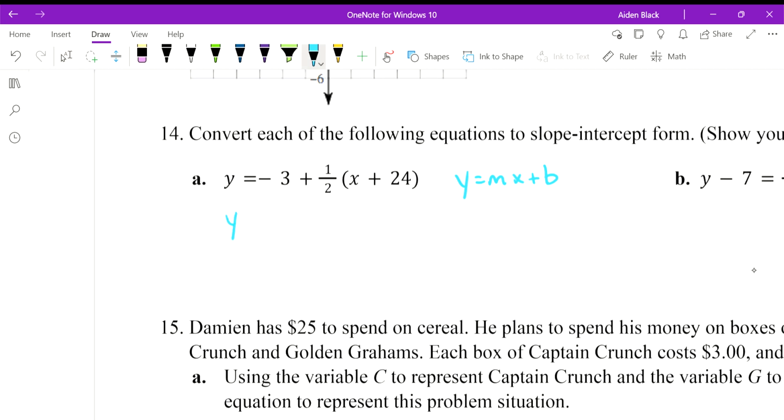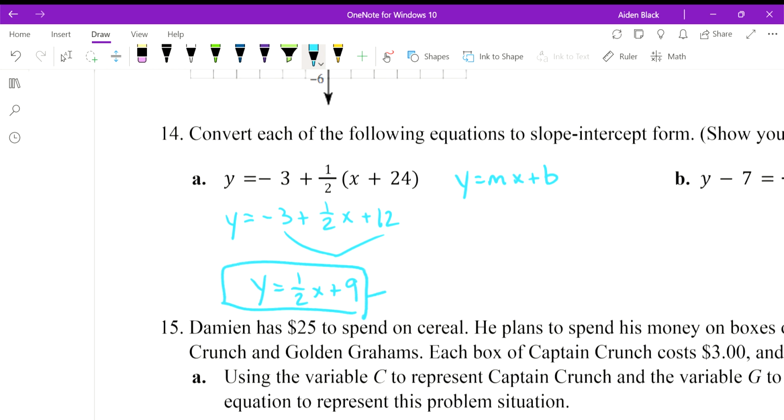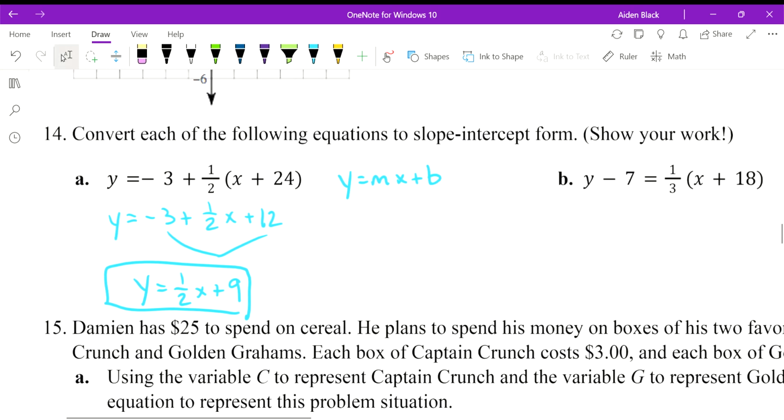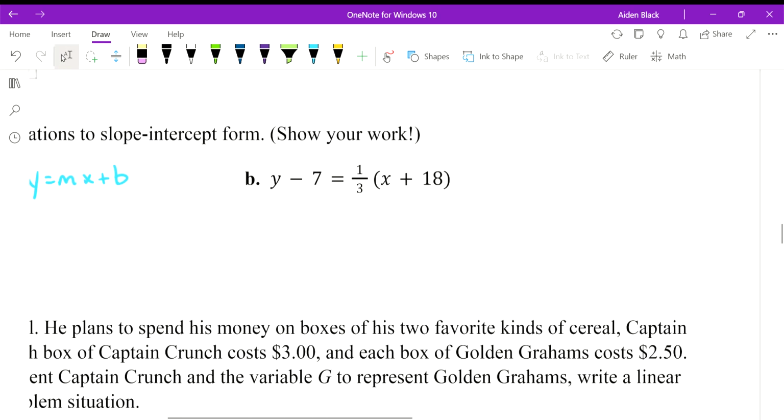So we have y is equal to -3 plus 1/2 x plus, what's 1/2 of 24? 12. Okay, if we combine like terms, we get y is equal to 1/2 x plus 9. There we go, it's in slope-intercept form. Looks just like that. We got our slope, we got our y-intercept, good to go.